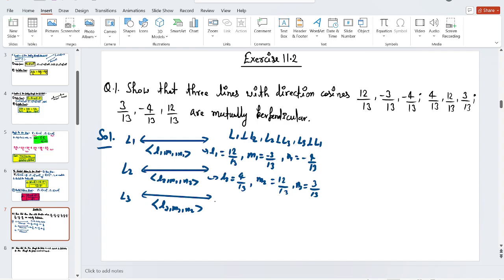And here l3 is equal to 3 by 13, m3 is equal to minus 4 by 13, and n3 is equal to 12 by 13.